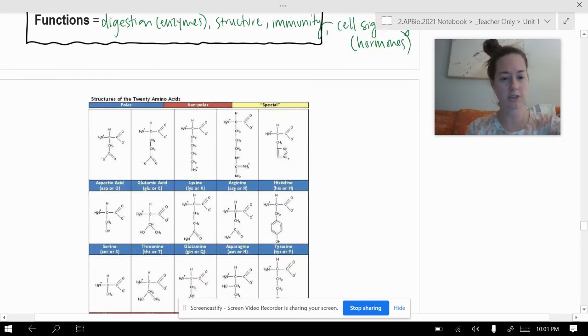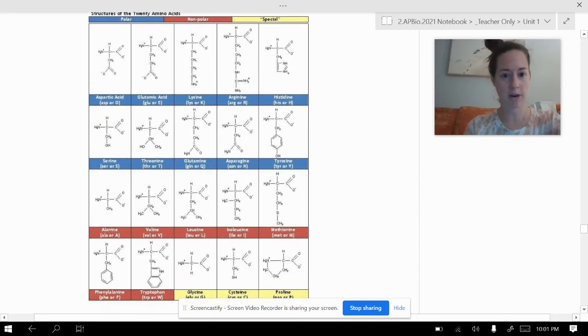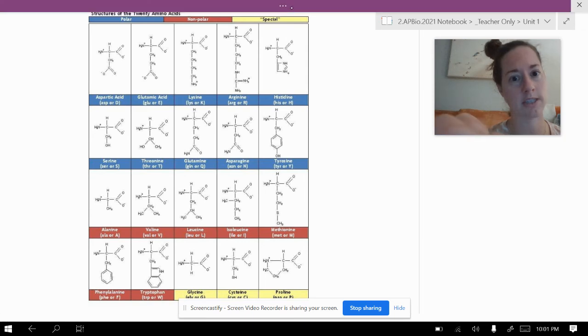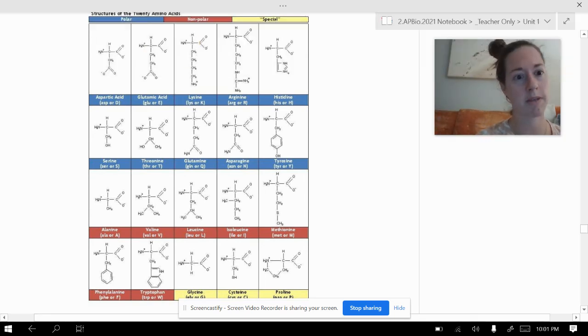Here's just a picture of the 20 amino acids. You will not have to memorize them in this class. If you go to med school, you will have to memorize them, but you will not have to memorize them for this class. So you can just see that there are different properties of them depending on the R chain. On all of these, the R chain is descending downward from the amino acid. It's the same thing on all of them.